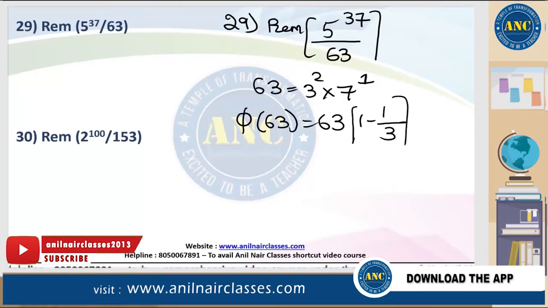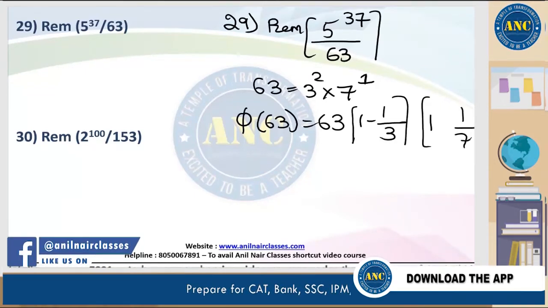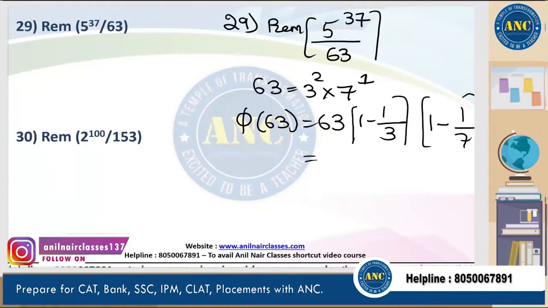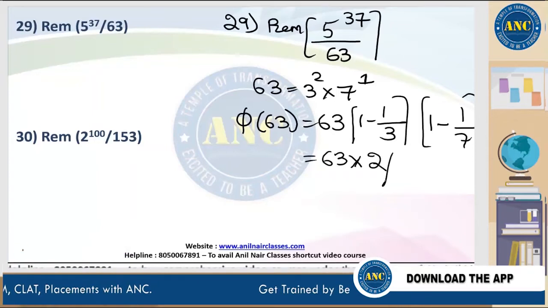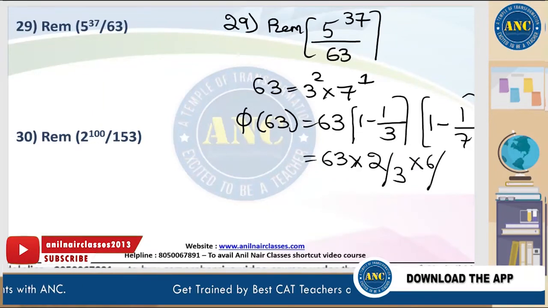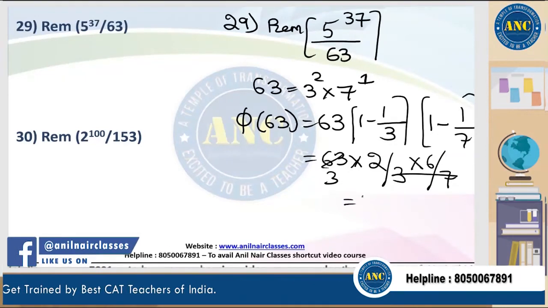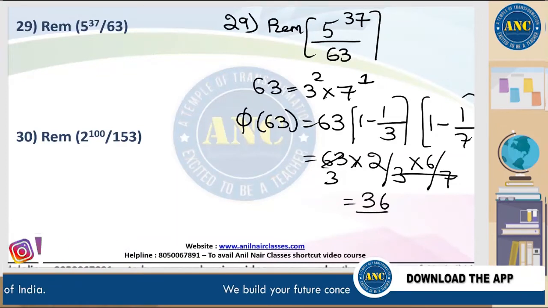How many are not divisible? 1 minus 1 by 3. Out of 7 numbers, one number is divisible. How many are not divisible? 1 minus 1 by 7. 63 into 2 by 3 into 6 by 7. 21 threes are 63, so the answer is 36. The quotient function of 63 is 36.